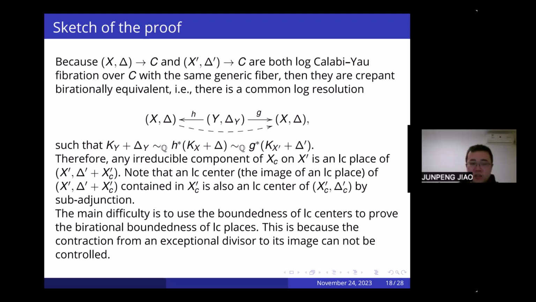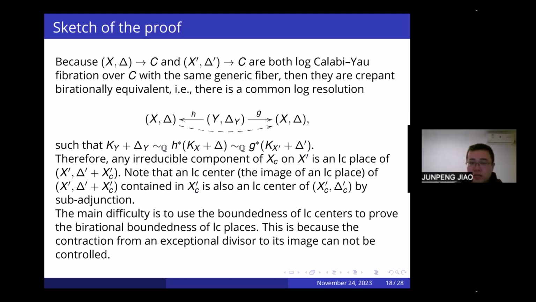This is because since they are birationally equivalent, for any divisor over X or over X prime, the discrepancy with respect to X, delta is equal to the discrepancy with respect to X prime, delta prime. So X_C is clearly an LC place of X, delta plus X_C. So it's also an LC place of X prime, delta prime plus X_C prime.